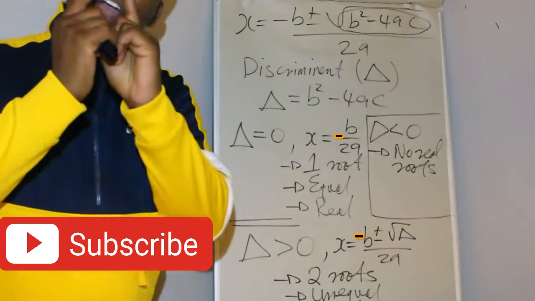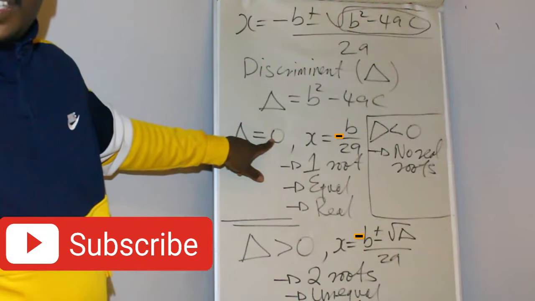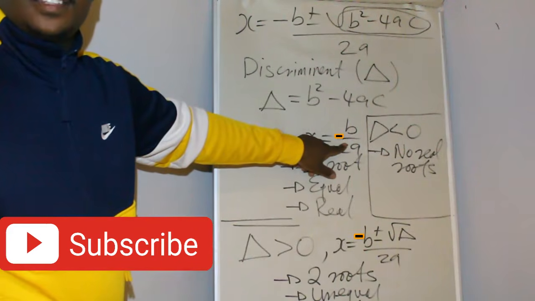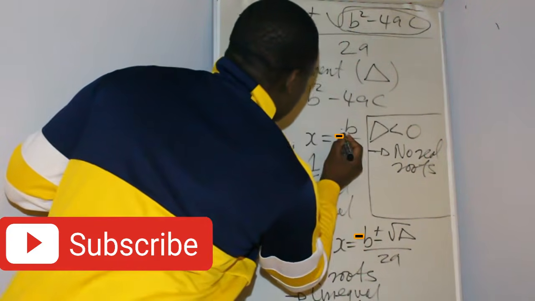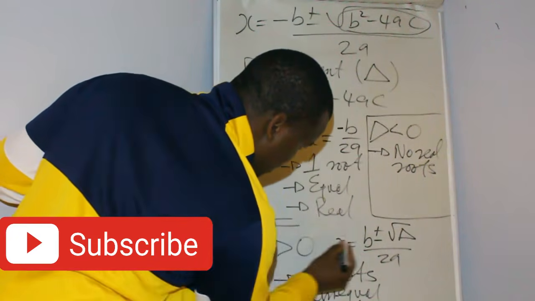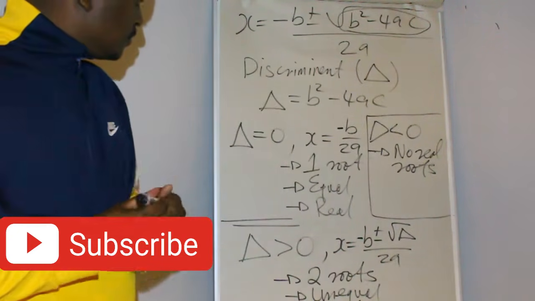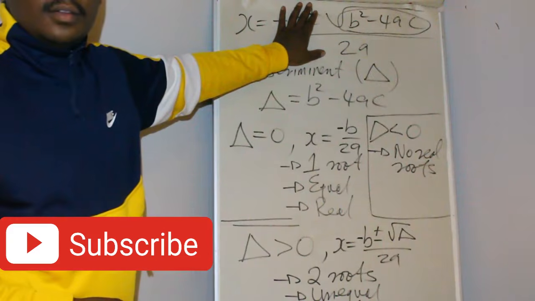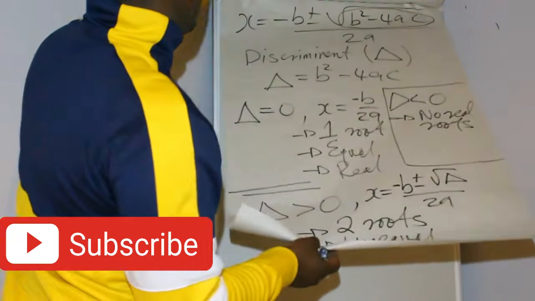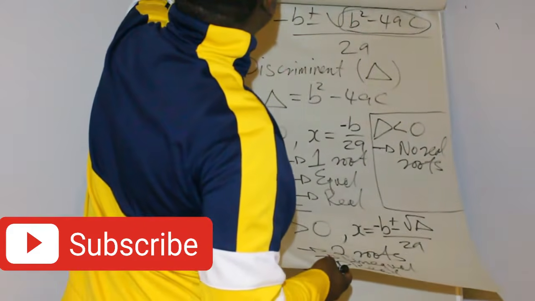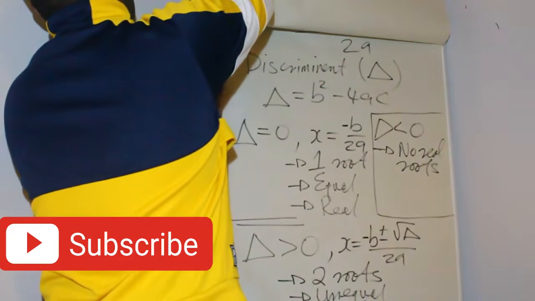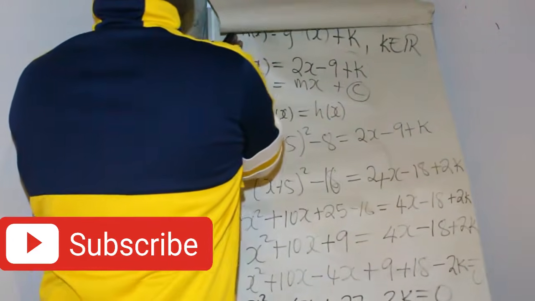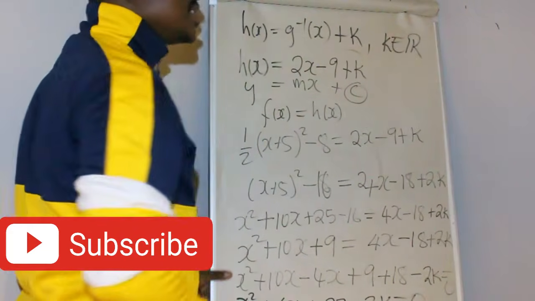But in our case, we wanted to have one solution, which means our discriminant has to be 0. So if our discriminant is 0, then our solution should be equal to negative b, because negative b should be this part only. So in our equation, the equation that leads us to this point, since this thing is a tangent, we want it to have exactly one solution.